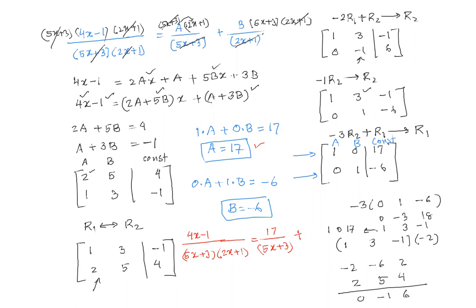I'm going to make this negative so that's easier, so instead of writing plus negative 6, it's minus 6 over 2x + 1. That's it.